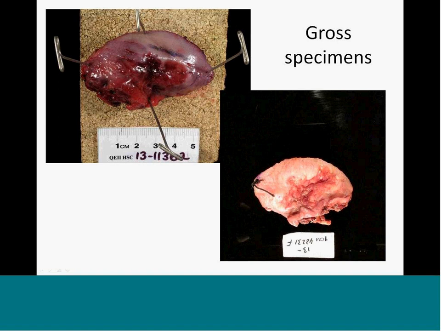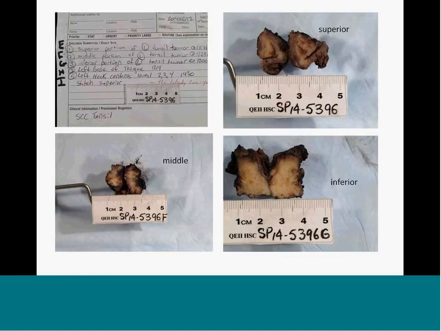So what I would do is put through serial sections of the anterior margin and the posterior margin, close to the base of tongue, and then serial cross sections through the mid portion of the specimen. To report these margins, I'll discuss that in a minute.